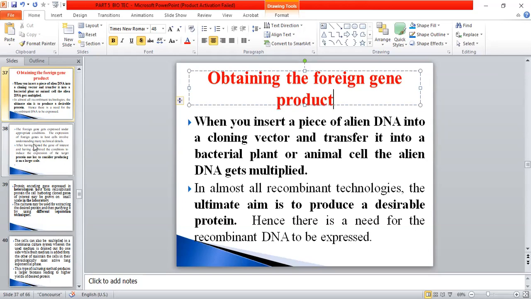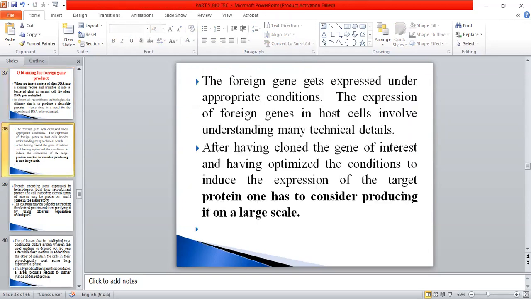What the next one is: the foreign gene gets expressed under appropriate conditions. The expression of foreign genes in a host cell involves understanding many technical details. When you are selecting the foreign gene, it gets expressed under which conditions it will act. That we gather knowledge of from the particular method, and also by trial and error.